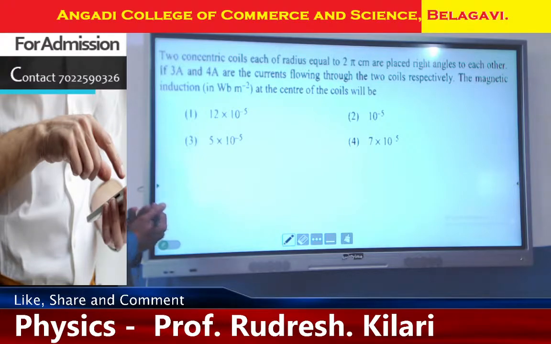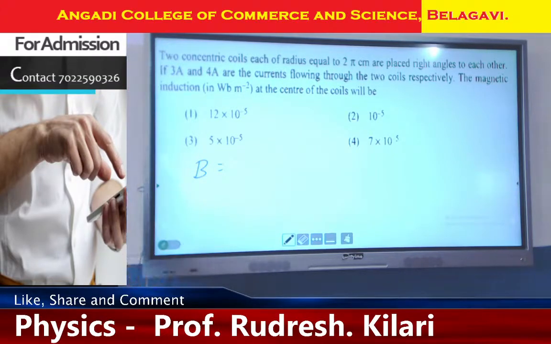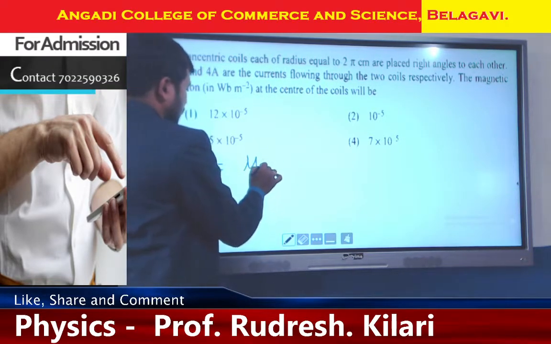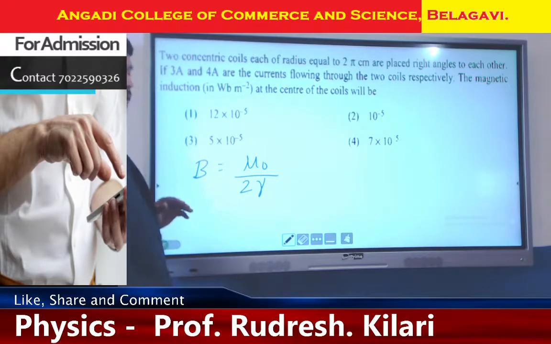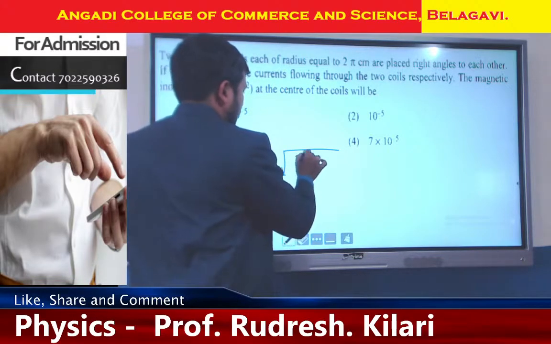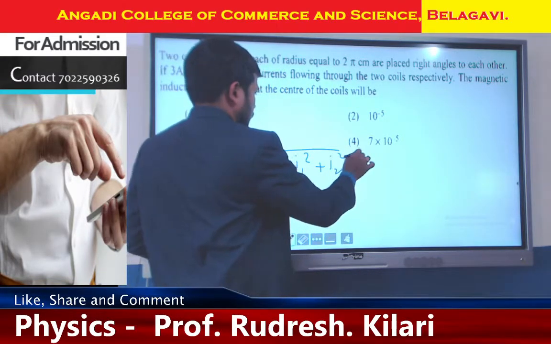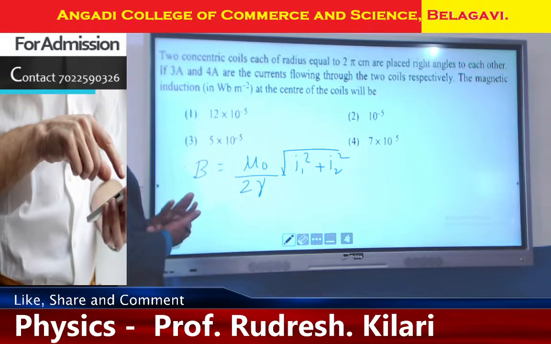The magnetic induction at the center of the coil, that is B equals mu naught divided by 2R, root of I1 squared plus I2 squared. Use this formula, I have given it in the synopsis.